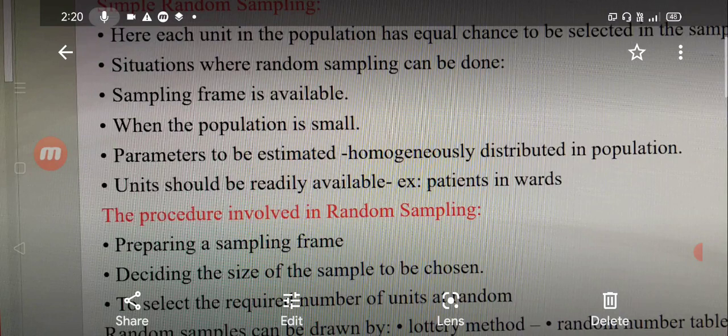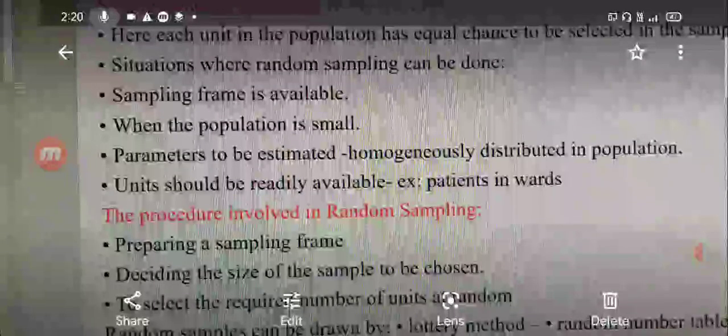How can we select? We have to follow such a framework. For example, the total number of households is 100, and the respondents we need are 10 members. Based on the respondent size, we have to select a framework.